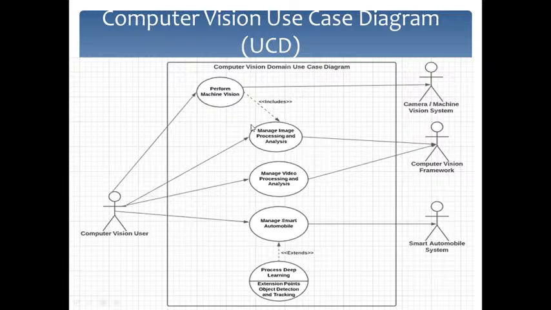When we begin to decompose each of these use case ellipses and each of the actor notations, when we begin to understand the preconditions, normal flows, and abnormal flows that sit within the computer vision use case diagram, what you see in front of you may end up being a document that has over 100,000 pages to it.